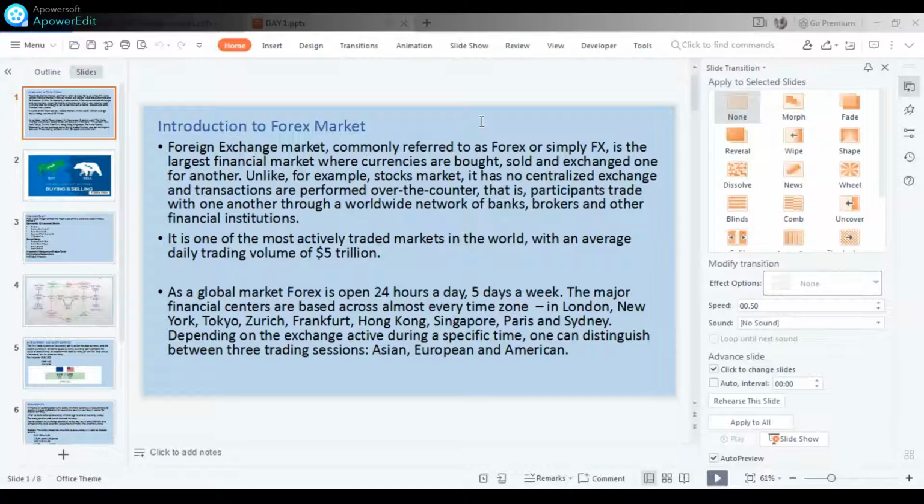Now, as a global market, Forex is open 24/5. Class, you know that the 24/5 I mean here is that Forex is traded from Monday to Friday. In the Forex market, you can never trade Saturdays and Sundays. What you trade on Saturdays and Sundays are futures, Bitcoin, and cryptocurrency rather.